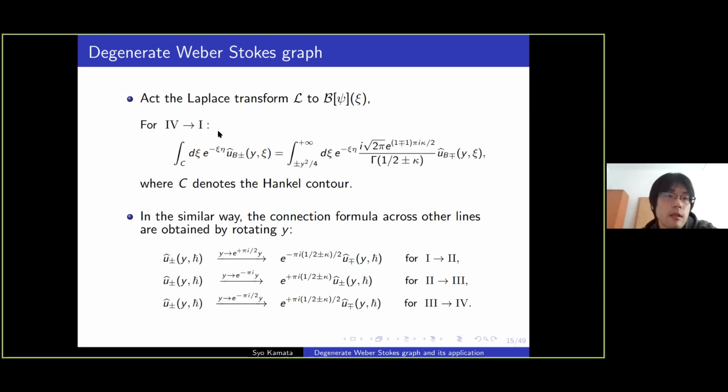But in this case, this is just the 4 to 1 connection. If you want the connection formula for 1 to 2, 2 to 3, 3 to 4, it can be obtained by rotating the coordinate y by exponential pi i over 2, for example. So it gives eventually u plus to u minus, u plus to u plus, and so on.